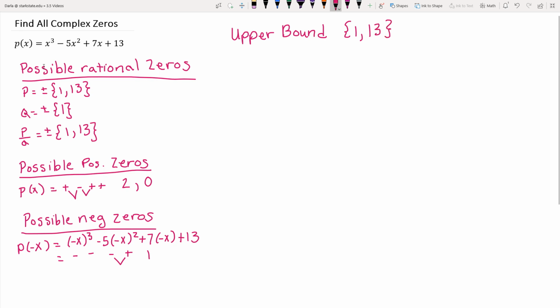And we want those in order from smallest to largest, which we have. And we'll start off with our synthetic division on 1. We'll use the coefficients of our polynomial, which are 1, negative 5, 7, and 13. And then we'll carry out the synthetic division, multiply, combine, multiply, combine, multiply, combine.